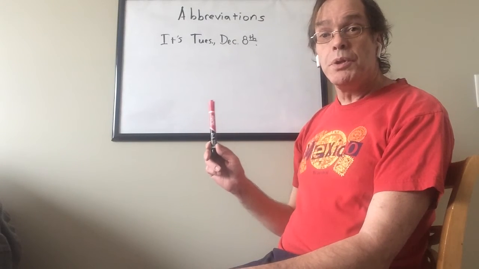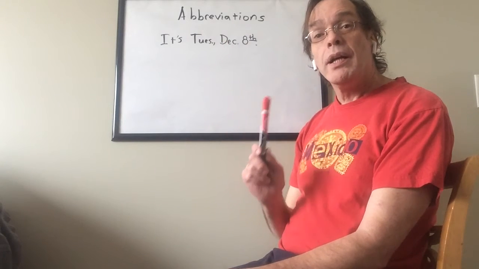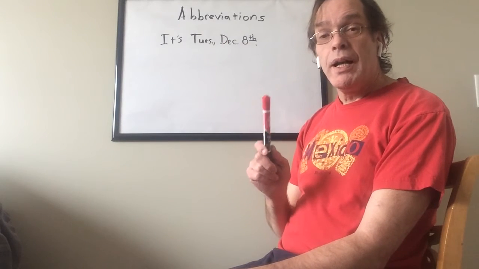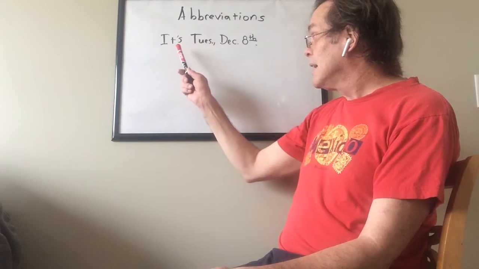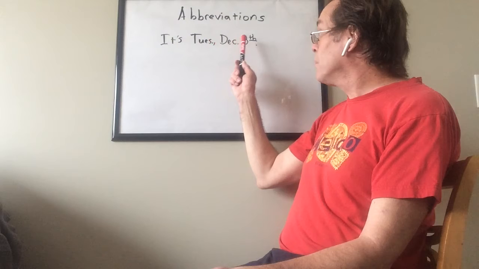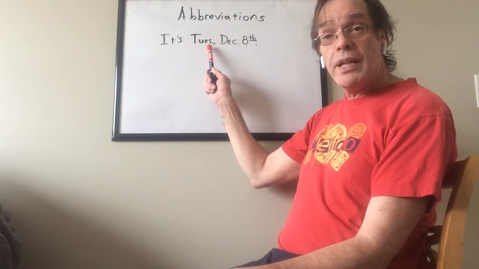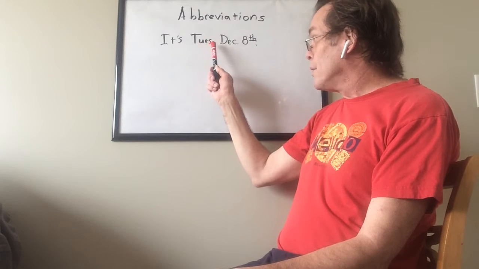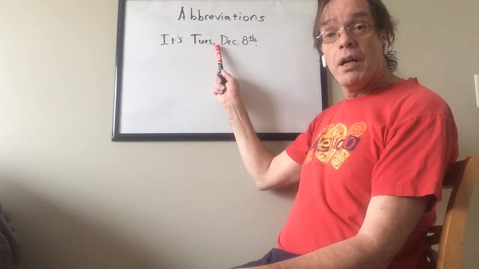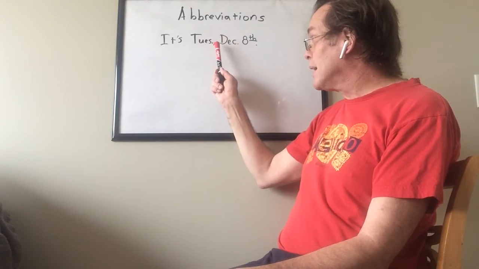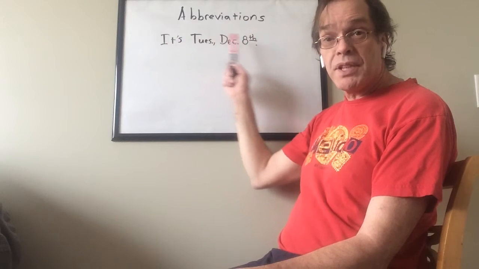Abbreviations are also used for dates. Each day of the week and each month of the year has its own abbreviation. So in this sentence, it's Tuesday, December 8th. Now, after the abbreviation for Tuesday, there's the period, and then there's a comma to show that this and this are both part of the same sentence.